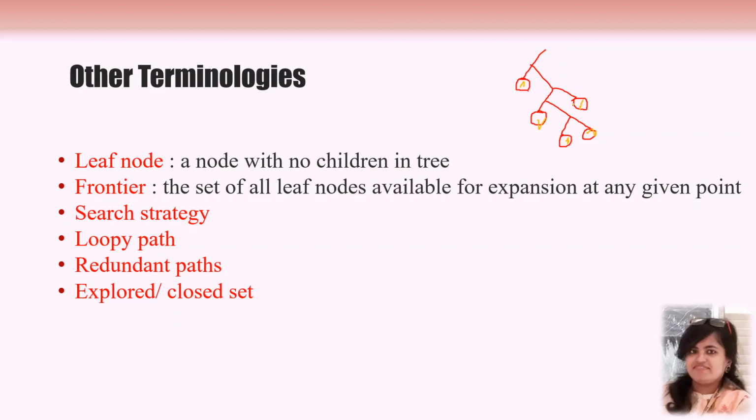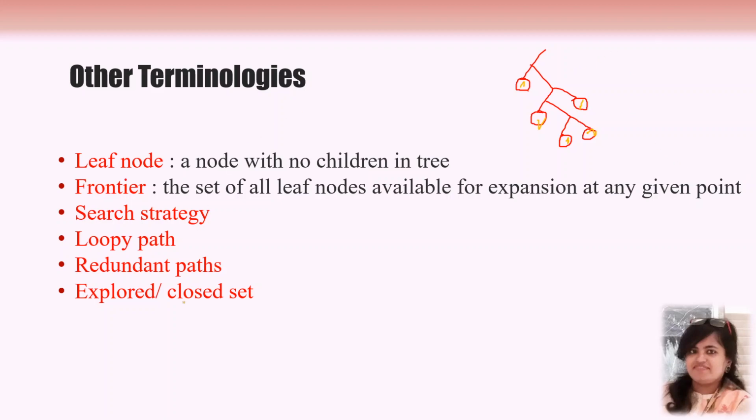These nodes don't have any children in the tree. So these nodes are the leaf nodes. Similar to a tree in a biology book, there are different branches, and the branches end at a leaf, and from the leaf no branches are possible. So the leaf has a similar meaning, that is the leaf node.